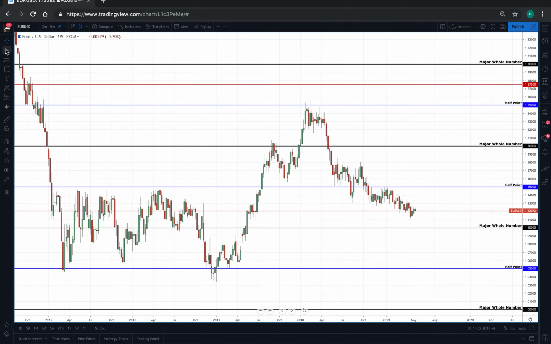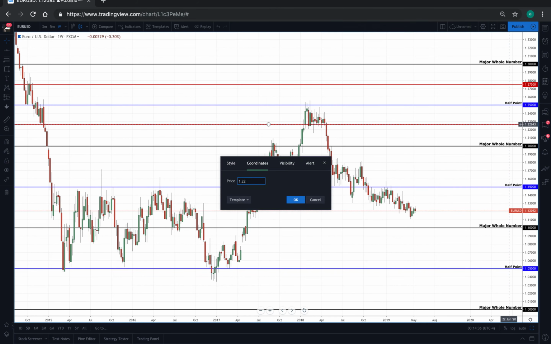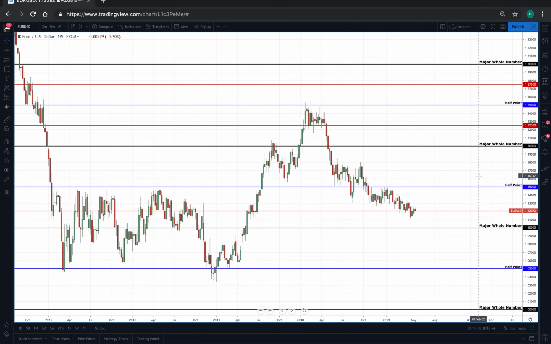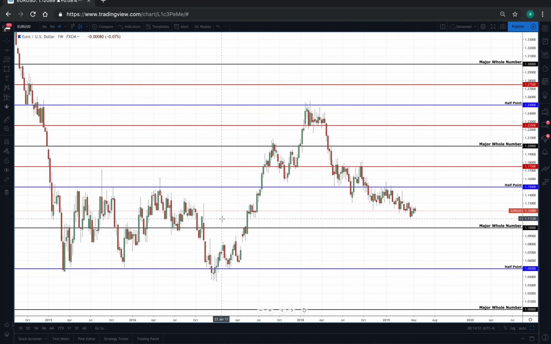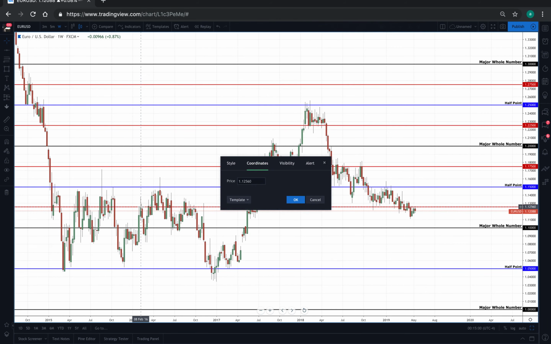Quarter price level. In between here, 22.5. That would be your next quarter. So all the red lines I'm marking on my chart represent quarter points. Next one would be 112.5.